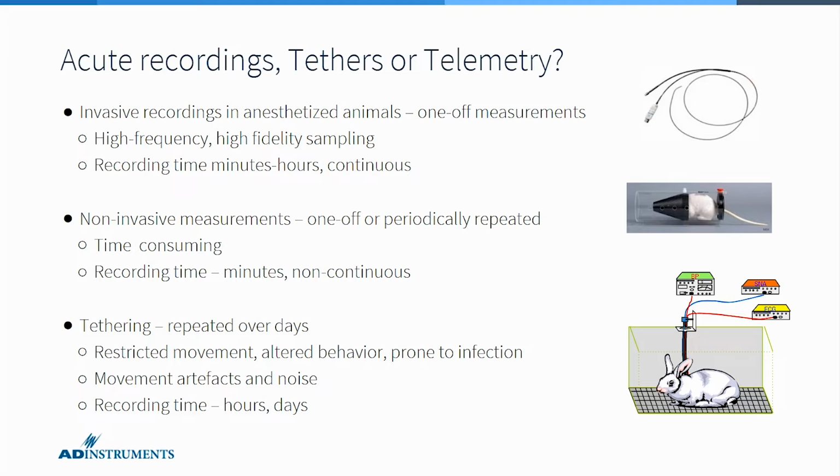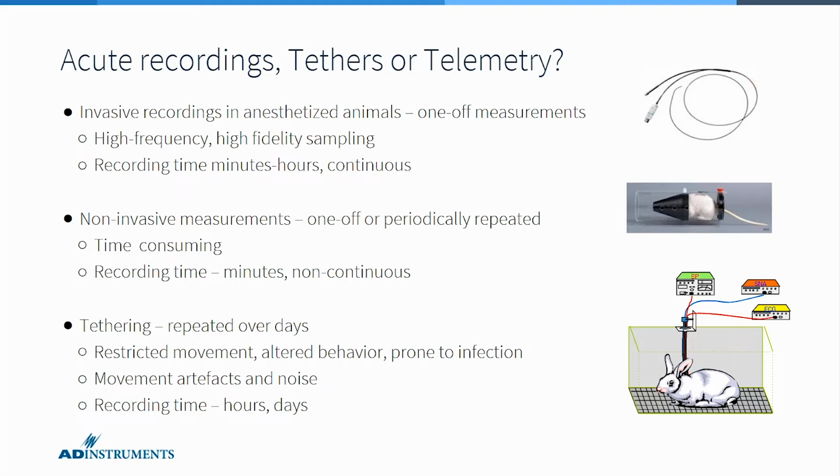With these experiments, you can collect high-frequency data with high fidelity sampling, and your recording time is usually a few minutes to perhaps a few hours, and it's continuous waveform data.